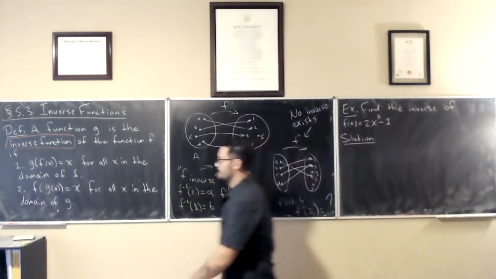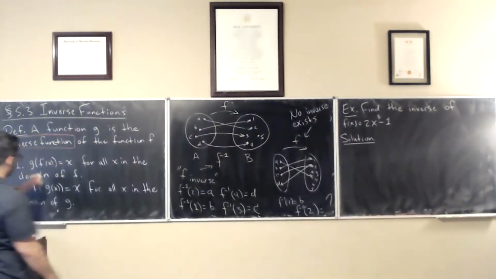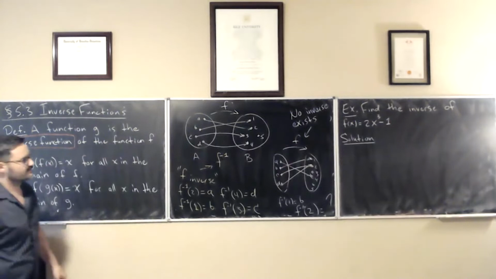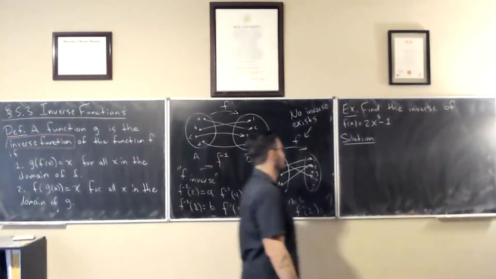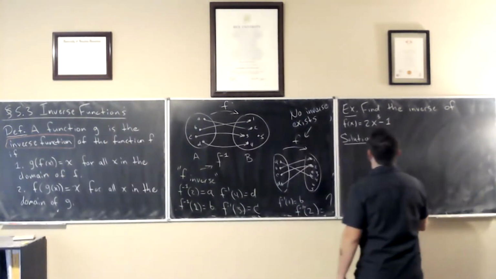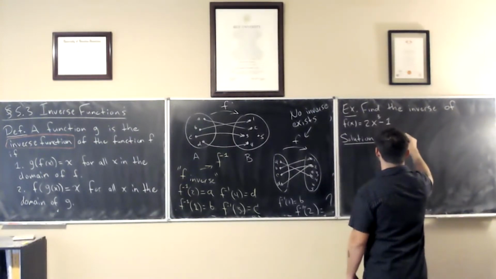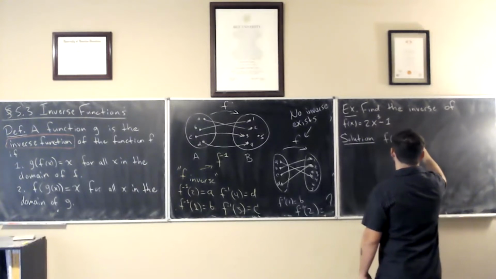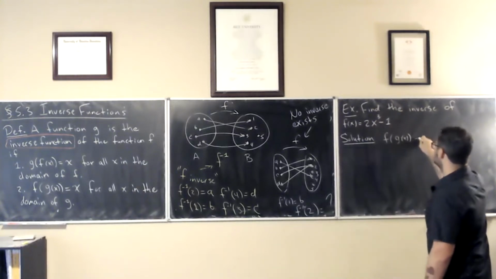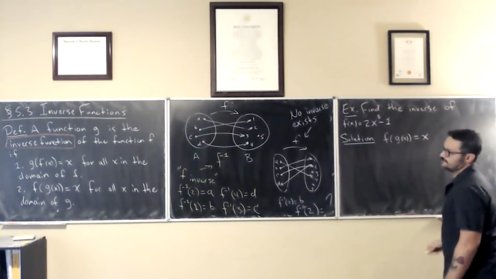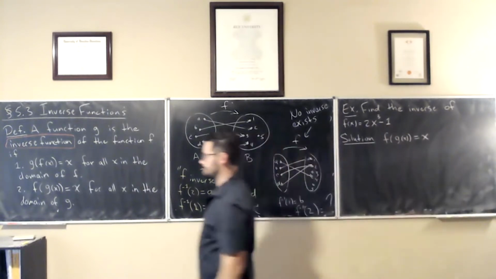And the definition says that if there is an inverse, then it better satisfy these properties. All right, so in particular, we know that f composed with g of x should equal x, right? That's just using the definition.